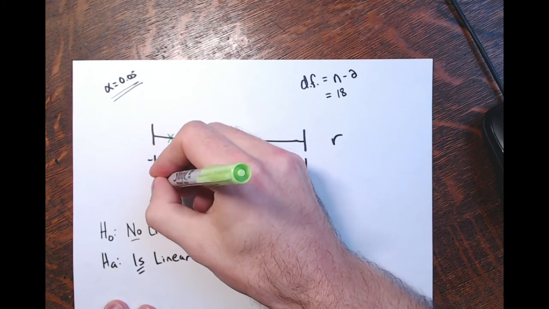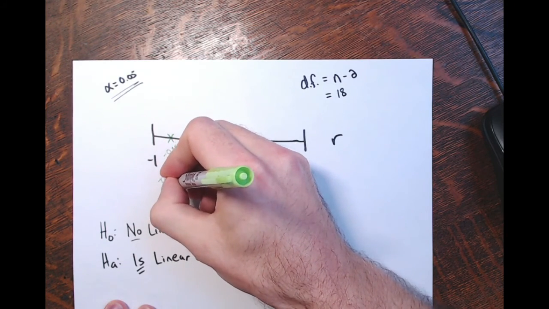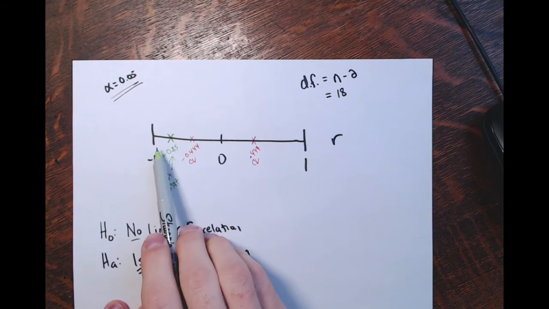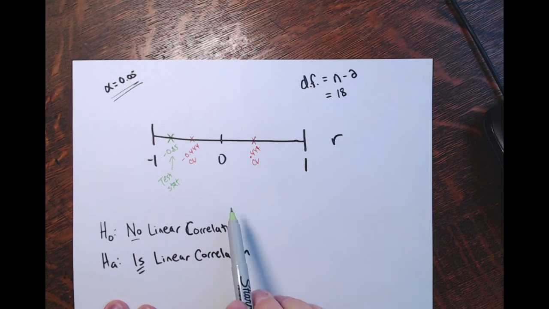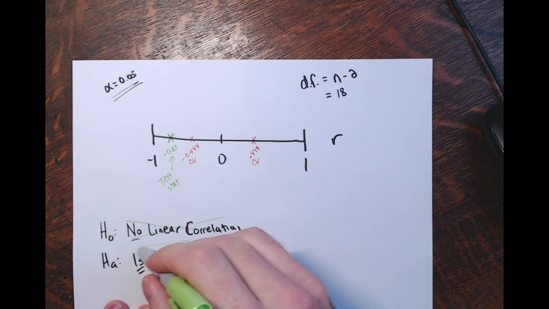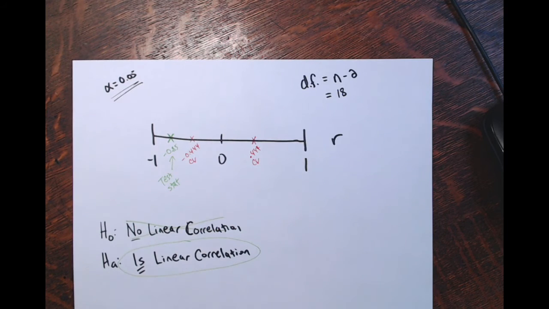This would be the test statistic, the value of r. You see how this is beyond, it's outside the critical values. So we'd reject the null hypothesis and say there is a linear relationship.